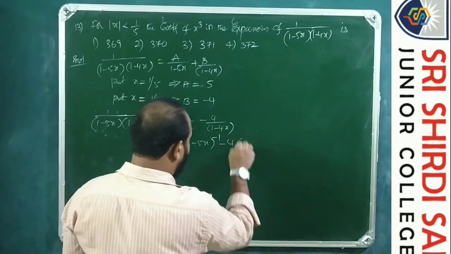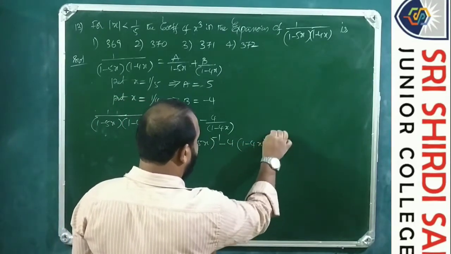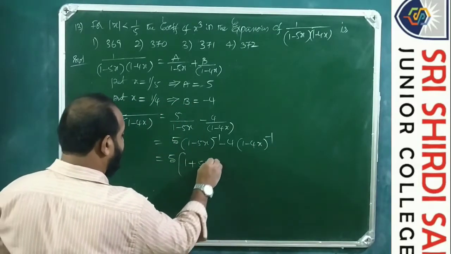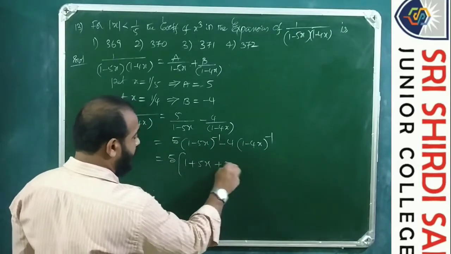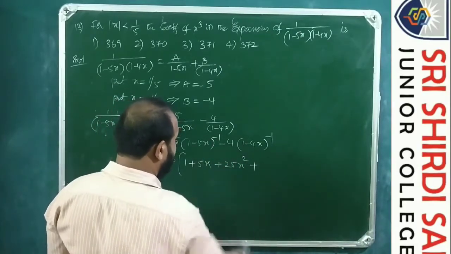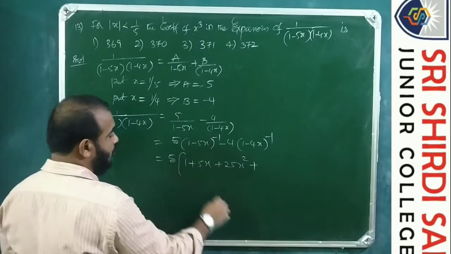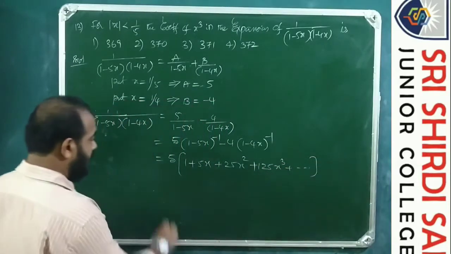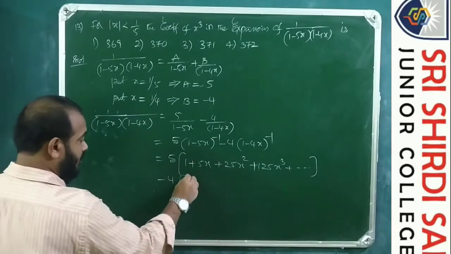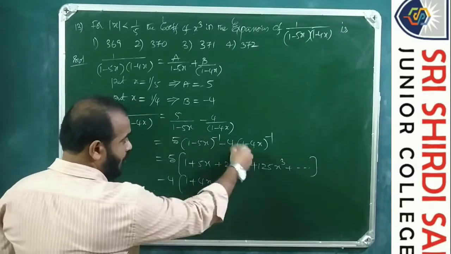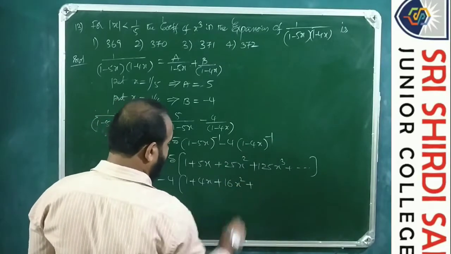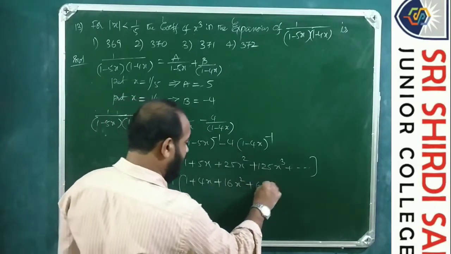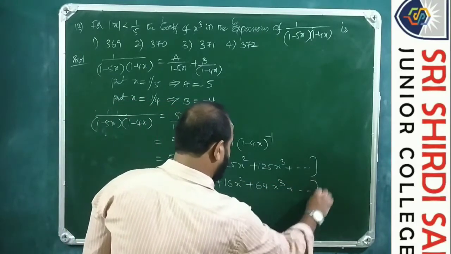So minus 4 into (1 minus 4x) whole power minus 1. So 5 into, this is 1 plus 5x plus (5x) whole square 25x square plus (5x) whole cube 125x cube plus and so on. Minus 4 into 1 plus 4x plus (4x) whole square 16x square plus (4x) whole cube 64x cube plus and so on.